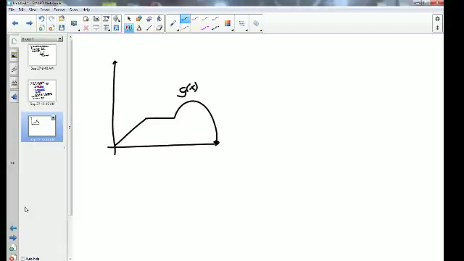It's a piecewise function, right? There are 2 points on that graph where the derivative does not exist. Any ideas?